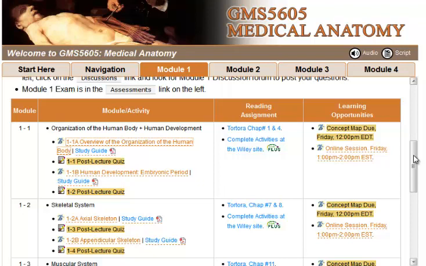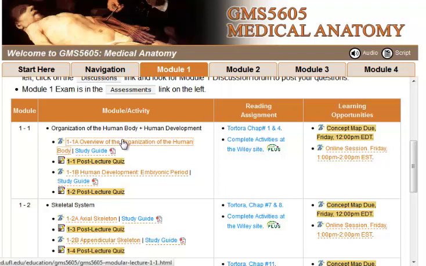The student will have to work on a concept map presented before the online session, and in the online session, the instructor would use Adobe Connect to present his view of the concept map from that particular module.